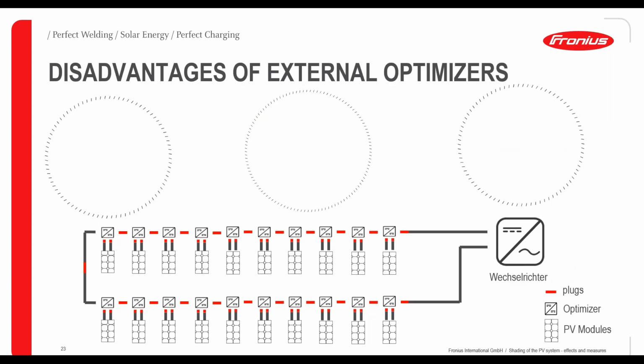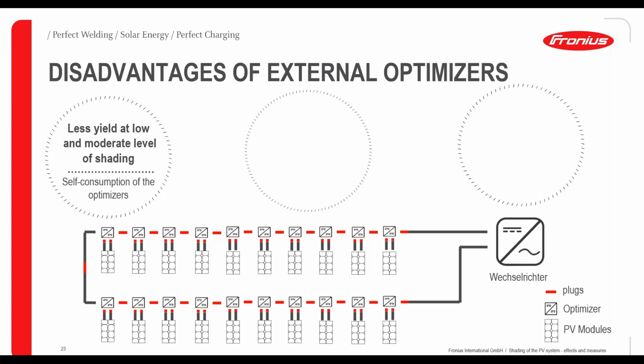Yeah, now I quickly want to go even more into detail on the external optimizers, because it's a very big topic right now, and I want to cover this and just give you an overview that there are not only advantages with external optimizers. And I want to begin with the first topic, and it's actually that we have less yield at low and moderate levels of shading.